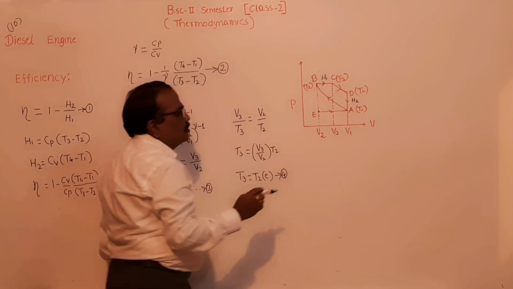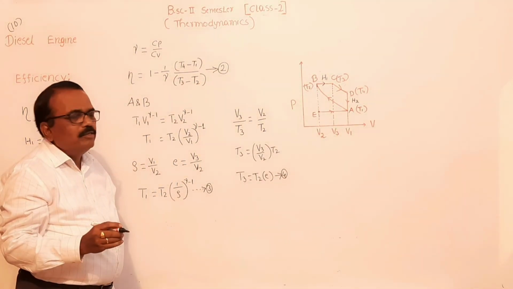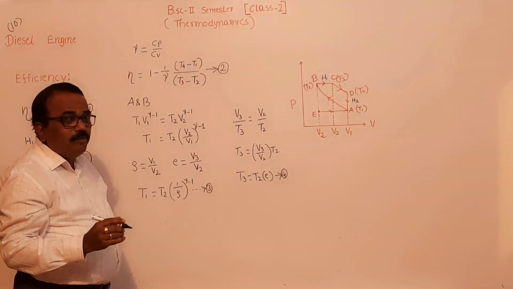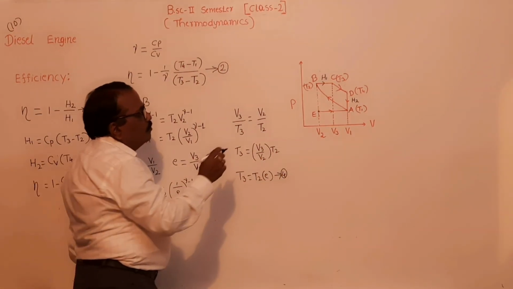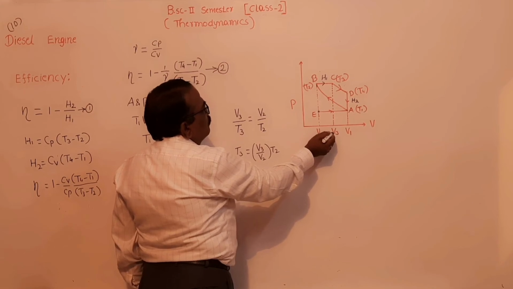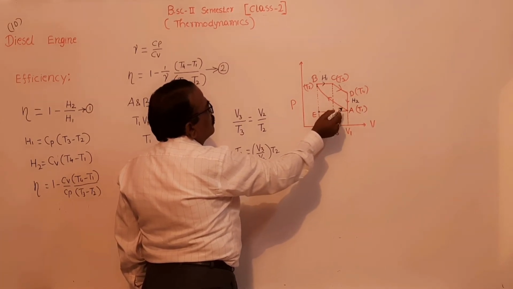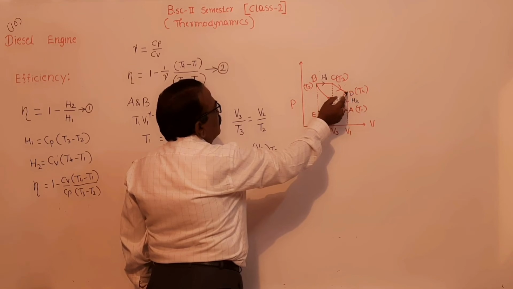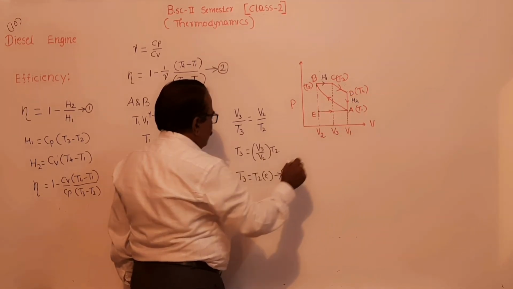C to D is again another adiabatic expansion. Therefore, here T3 and this is V3, and here T4 and this is V1.